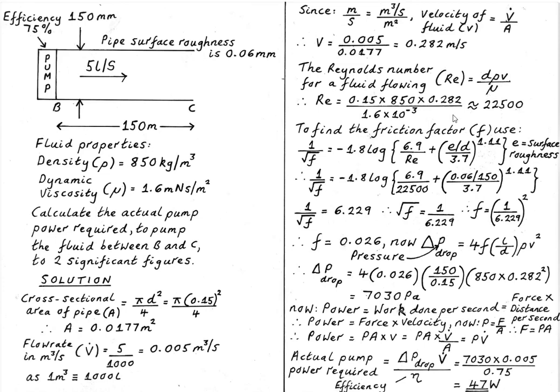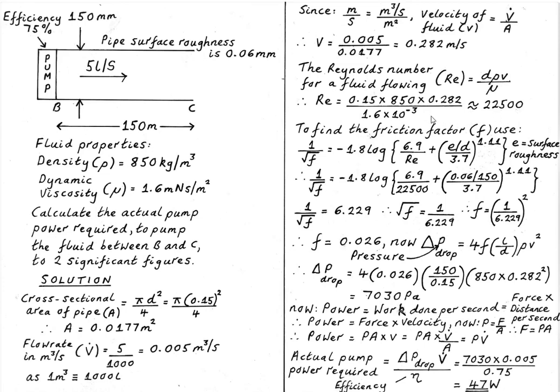Substituting our values in, but bearing in mind the dynamic viscosity is given as 1.6 millinewton seconds per meter squared, this needs to be converted to newtons. So a milli is a thousandth. So the actual value to substitute in would be 1.6 times 10 to the power of minus 3, giving an approximate value of the Reynolds number as 22,500.